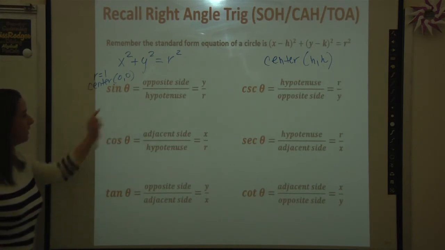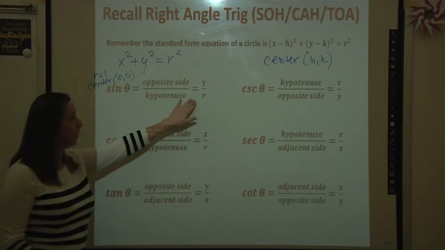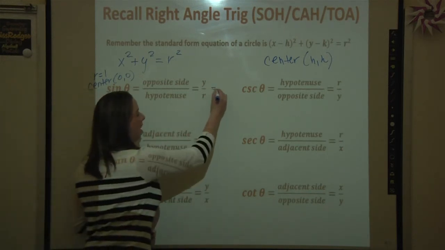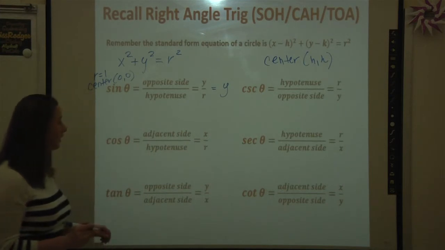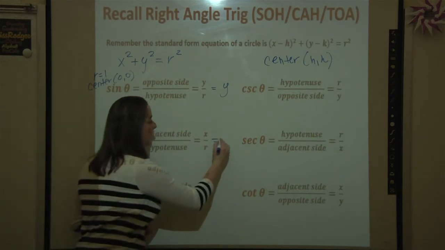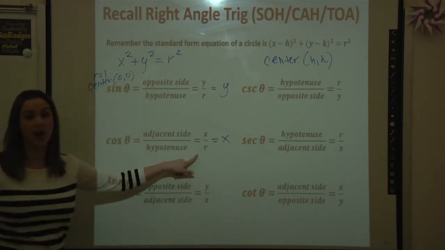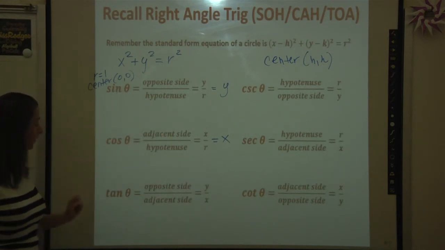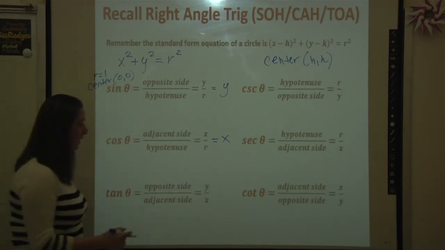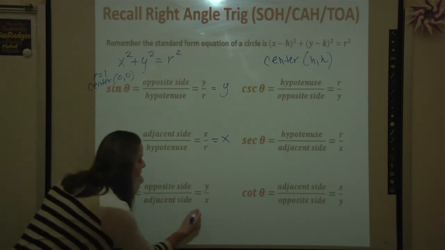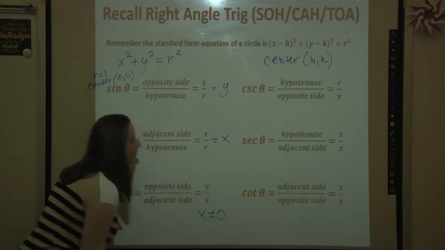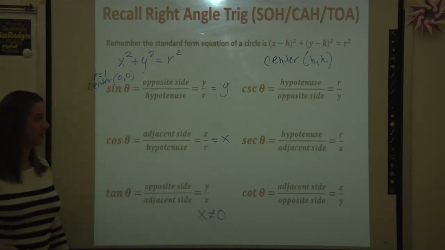So if I think about what sine is, it's going to be our y over r, which is just y if our radius is 1. Our cosine is just going to equal x, again if our r is 1 for our unit circle. Our tangent is going to be y over x, where x can't equal 0, because then it would not be defined.